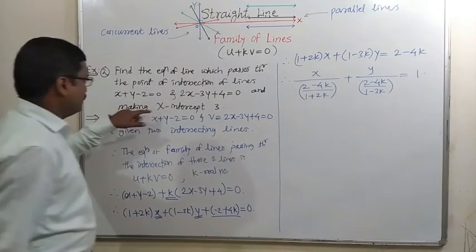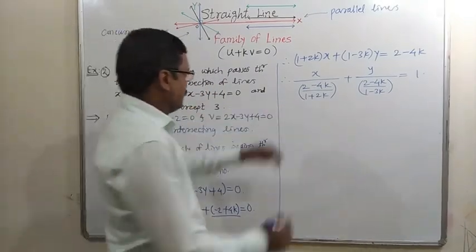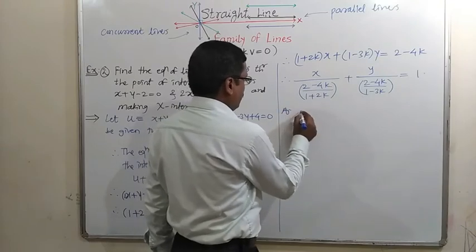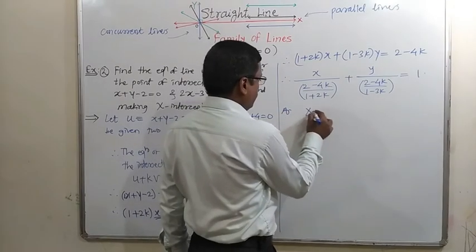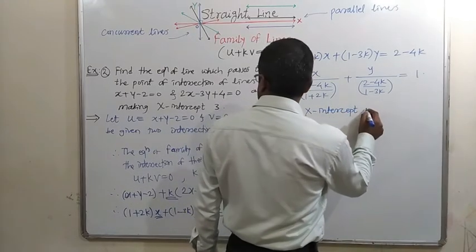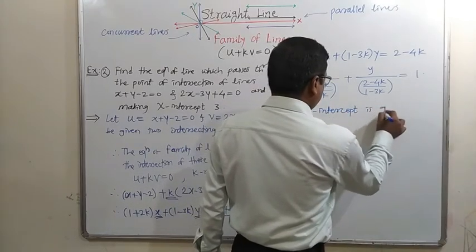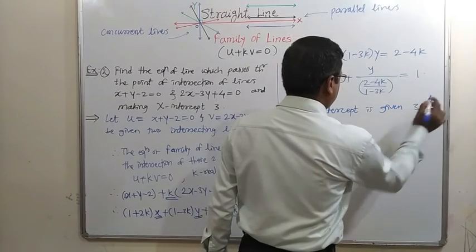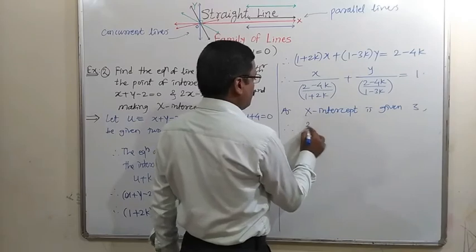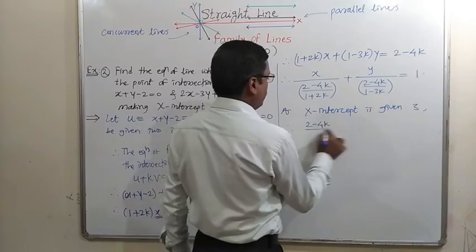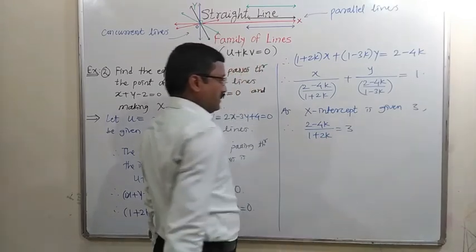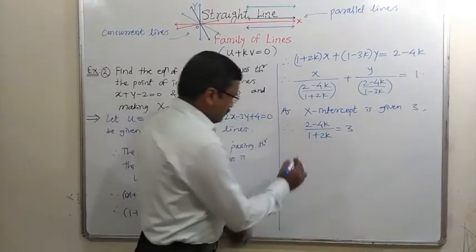Here the condition is given that the x-intercept is 3. Therefore, (2 minus 4k) upon (1 plus 2k) is equal to 3. Let us simplify this.